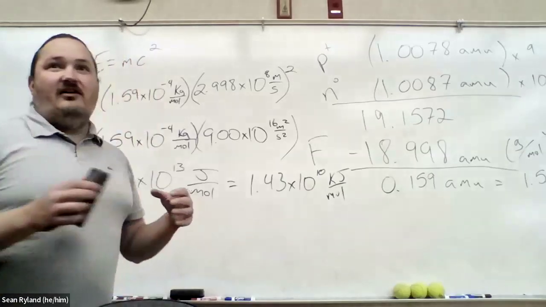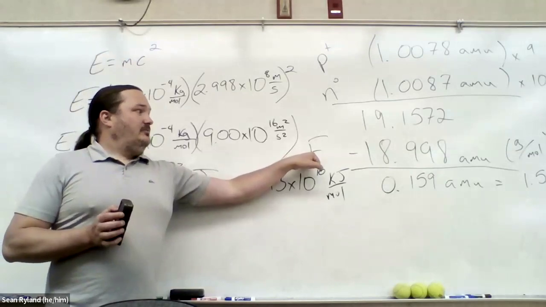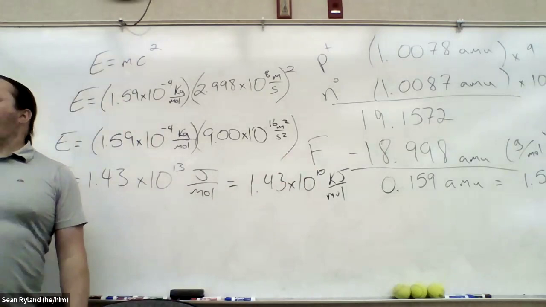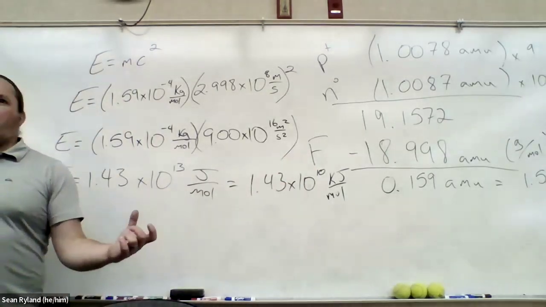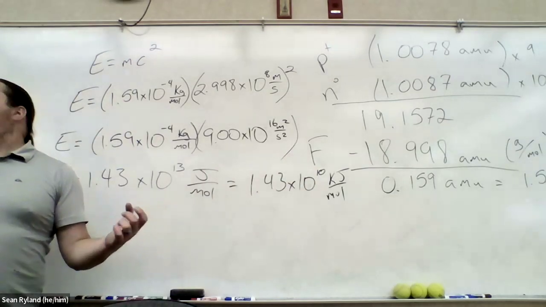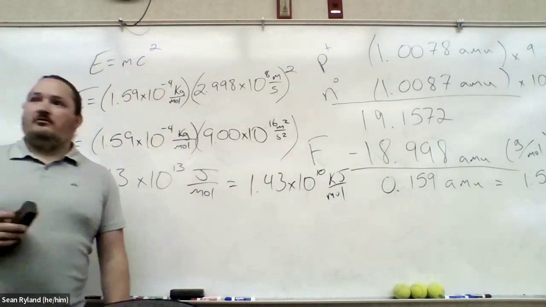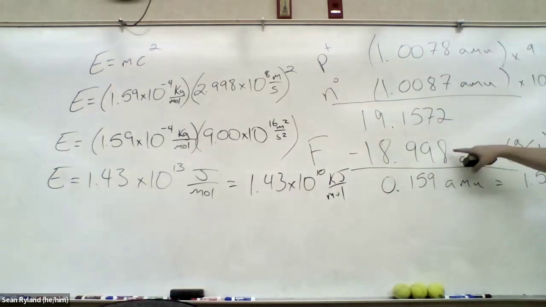The nucleus of a fluorine atom takes this much energy to hold it together. But it's the same calculation that we do for any nuclear reaction. You look at the pieces and you do final minus initial. In this case, it's just here's our initial and here's our final.